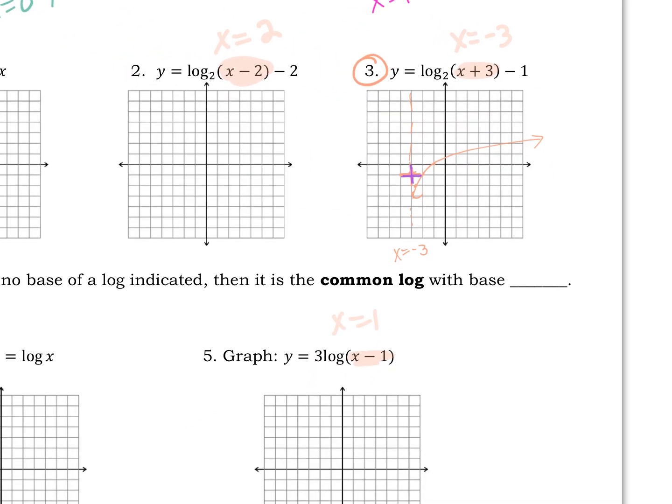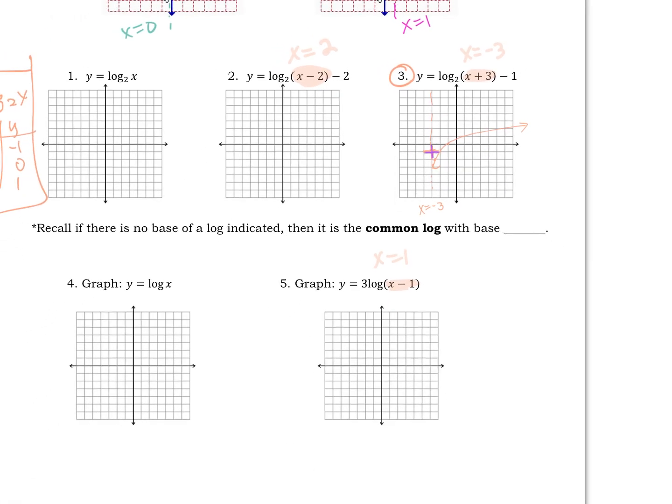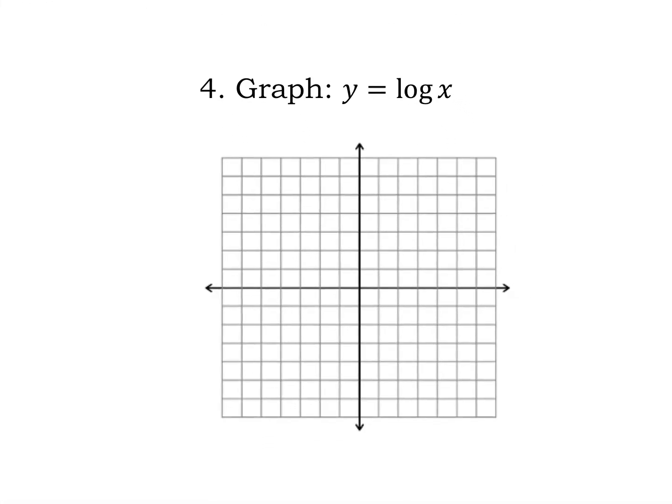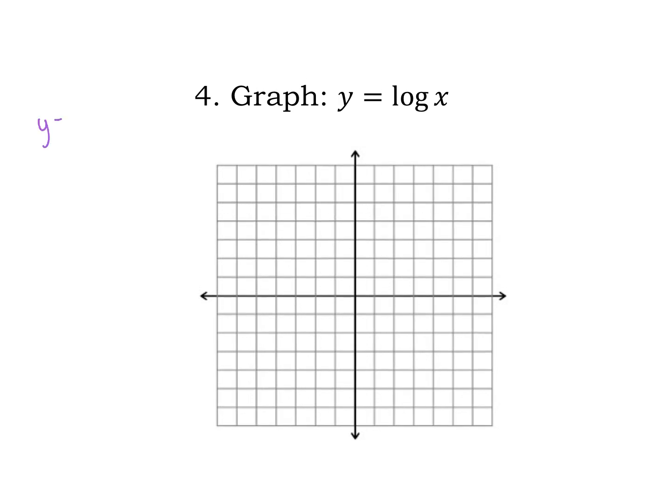Okay? All right. We're not going to graph these down below or on the next page, but I want to point out a couple of things about them. Notice this graph, there is no base written there. So remember, the first step is that we do our table and we do y is equal to something to the x power. So you have to remember, what's the base understood to be there? 10.